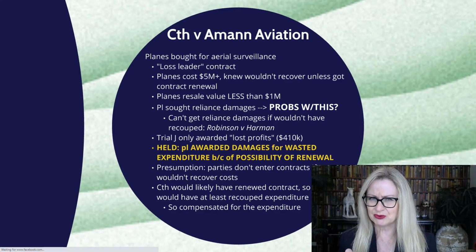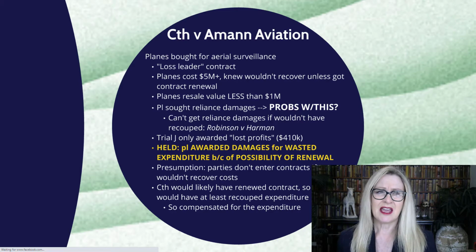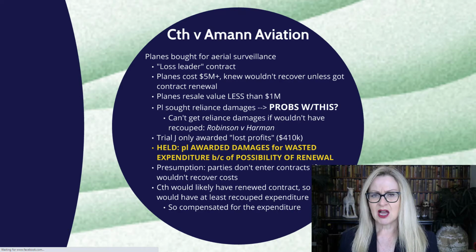What Amann was really pinning their hopes on was that they would spend out all this money, make a loss, but then when the contract was up for renewal, they'd already have the planes, and pretty much whatever money they made there would be money for jam, if you know what I mean, just more profits rather than a lot of expenditure. The plane's resale value was less than $1 million.